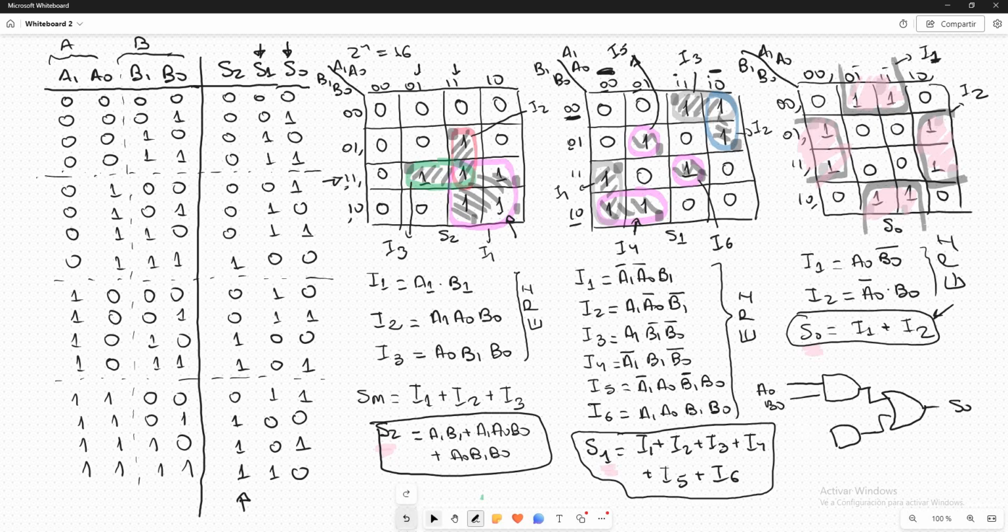B0 is negated as well. So this is A0, B0 negated, and this is going to be A0 negated multiplied by B0. So we have finished the logic design of the system for the output 0.